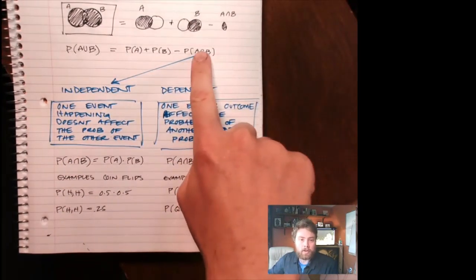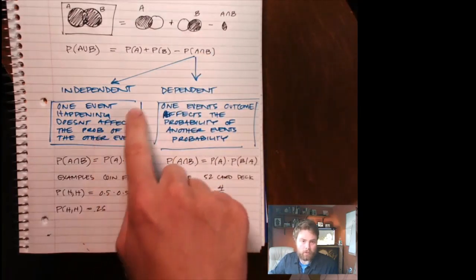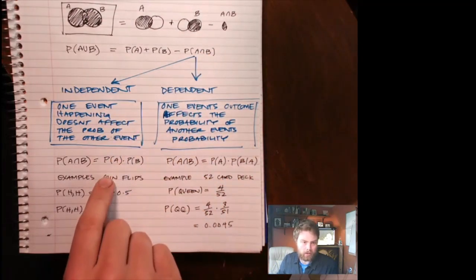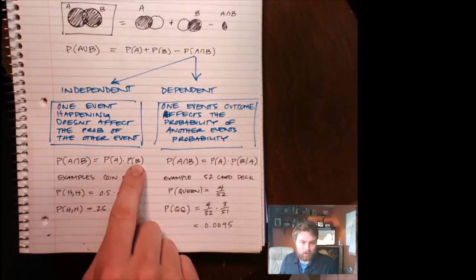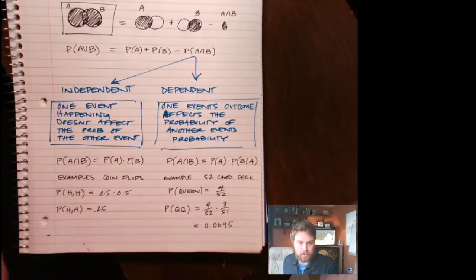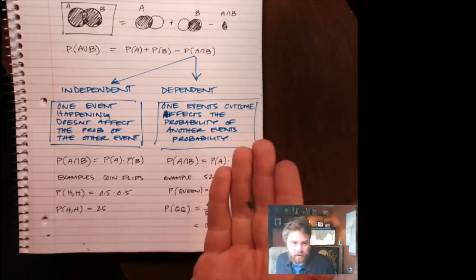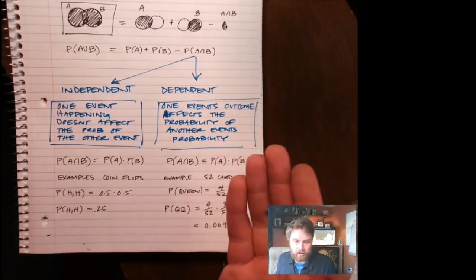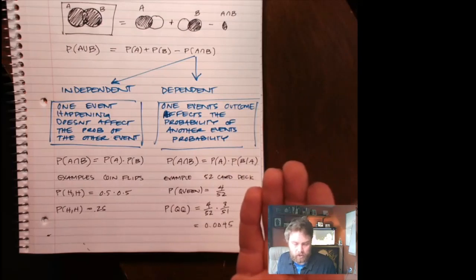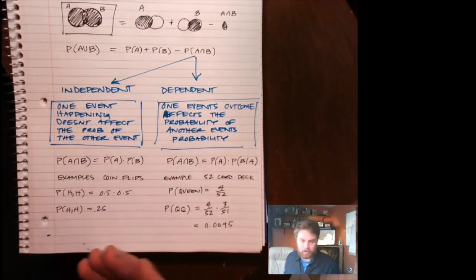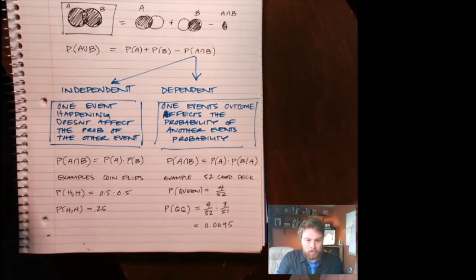Now, there's sort of a test here. If your probability calculates simply, you multiply the numbers and then you get the intersection, that means you're dealing with an independent situation. If not, then that would suggest that the two events in question affect each other. So we'll do some examples of that.